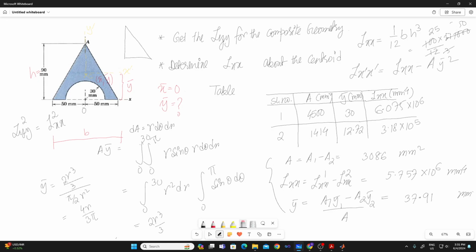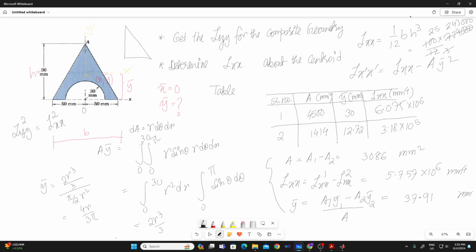So H cube would be 729,000, and if I divide this by 3, I'll get 243,000. If you multiply 243 with 25, you are going to get this expression, I believe. So for a triangle this would work out.